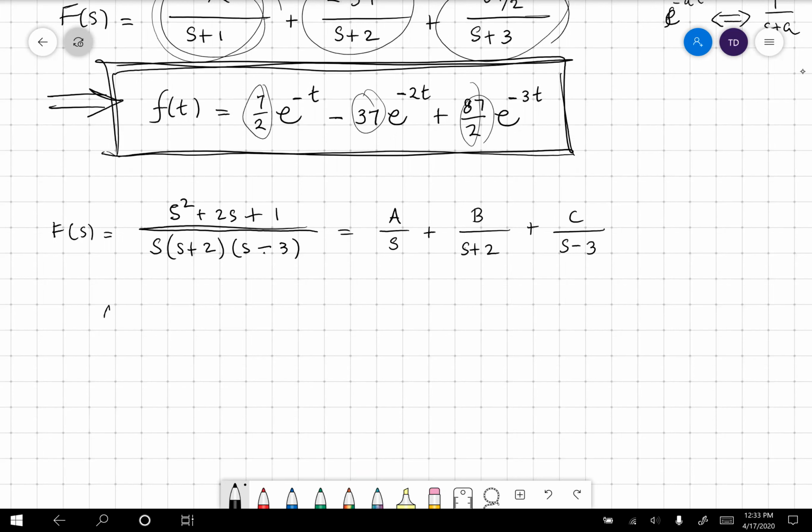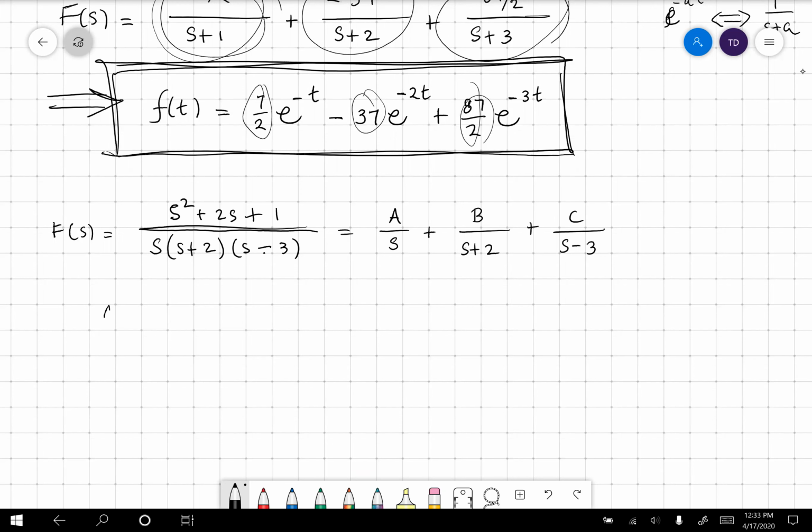What's the inverse Laplace transform of this first term? Negative 1/6. One more piece. Negative 1/6 times... That's the constant. What's 1 over s?